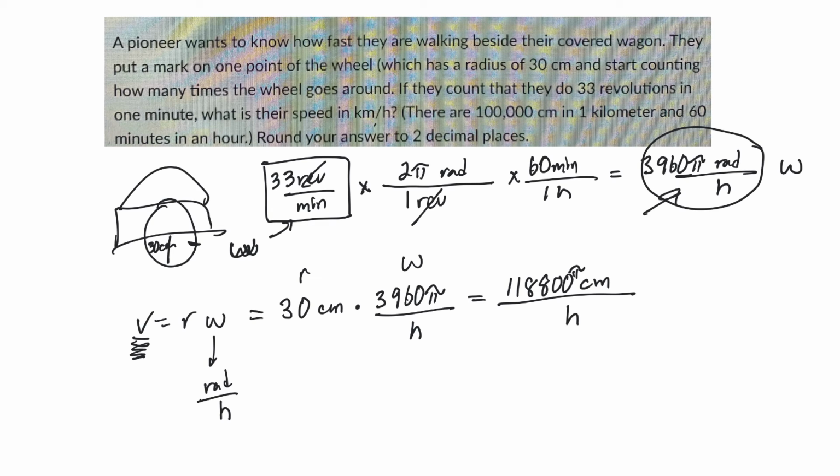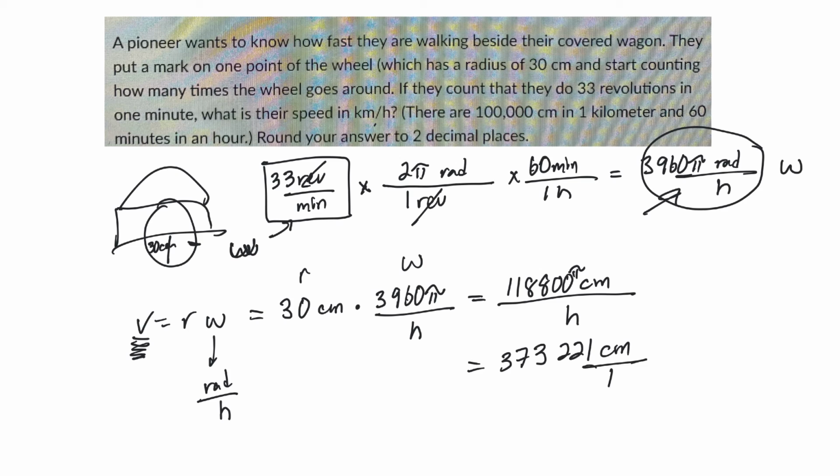Screaming fast. So this is centimeters, and this is pi. Maybe I should multiply the pi out. So let's take that number and multiply it by pi. My number is 373,221.